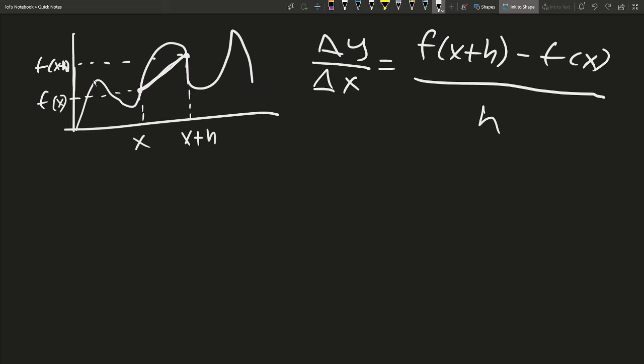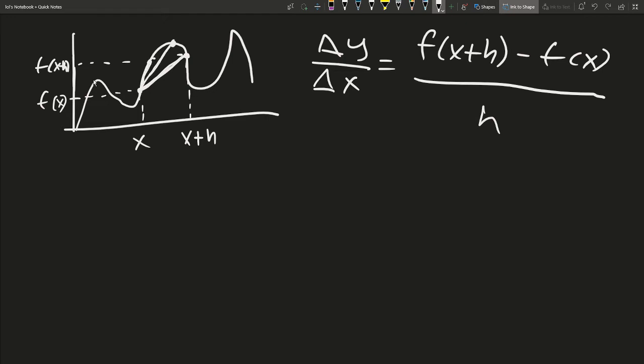But what we're actually interested in finding is the gradient at this point. And h is arbitrary, so we could have had h be here, and we'd have a straight line like this.